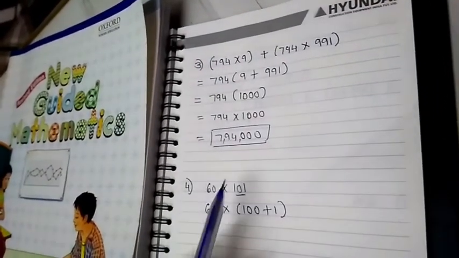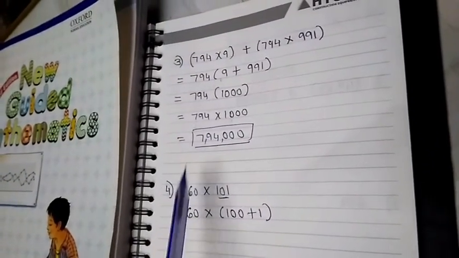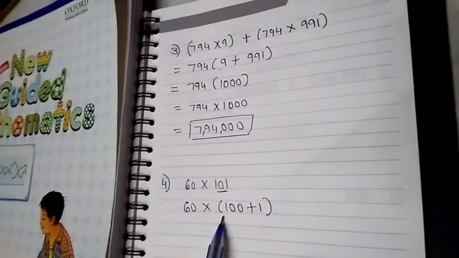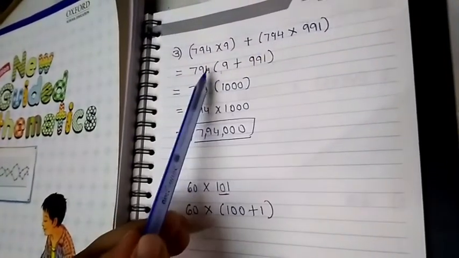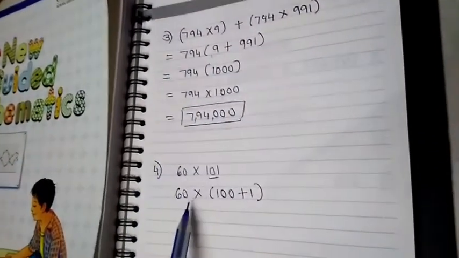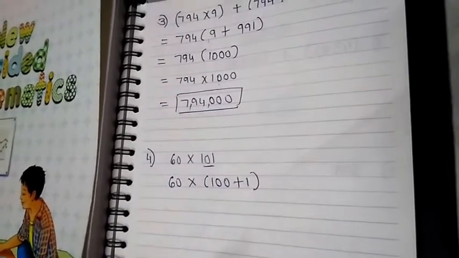Now if you see here and here, you can see the same way we got the question. Now here we took out 794 as common, but here we will distribute it because it will become easy for us. See how?